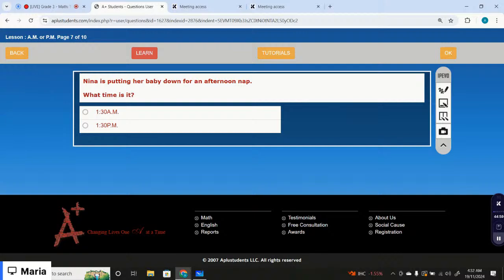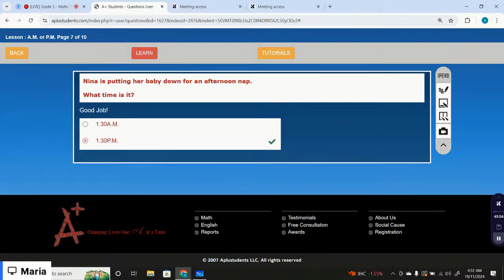Afternoon nap, so that is 1:30 p.m. Option number 2 is the correct option.